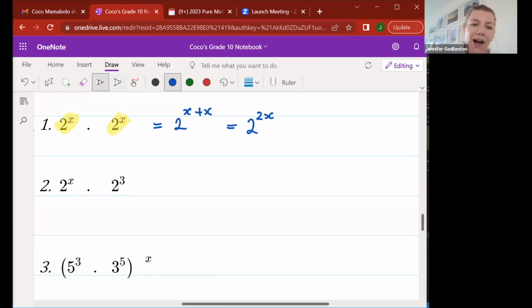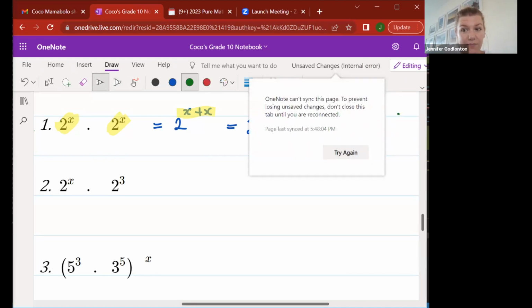Now, I know that writing this step here might seem silly, and you might think it's so stupid. But sometimes it really helps us figure out what we're doing. A very common mistake here is that people write x squared, which is definitely not what this is.